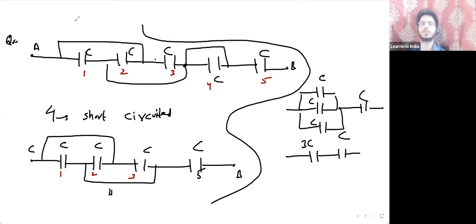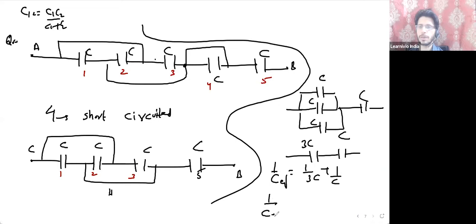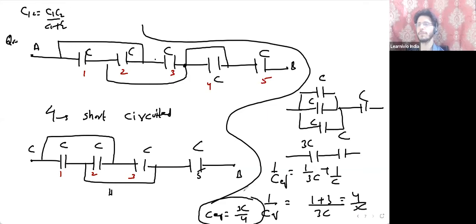This is one shortcut method to calculate: if you have two capacitors connected in series, then you can write C12 as C1 C2 by C1 plus C2. I'm writing the full steps here, but you can do it directly also. 1 by C equivalent is 1 by 3C plus 1 by C. Taking 3C as common, I take 1 plus 3, it's 4 by 3C. So C equivalent is 3C by 4. That's the equivalent capacitance, 3C by 4.